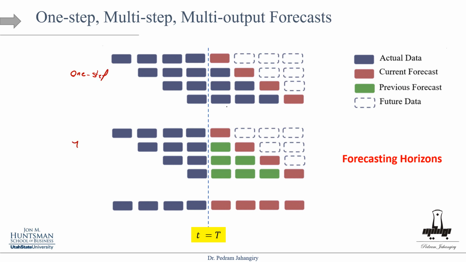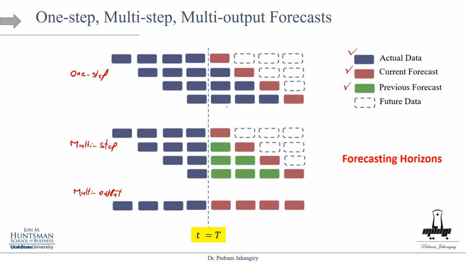This is our multi-step ahead forecast. And this is our multi-horizon or multi-output forecast, right? Again, this is a quick reminder. The purple one is the actual data, the lighter pinkish one is the current forecast, and the green one is the previous forecast.